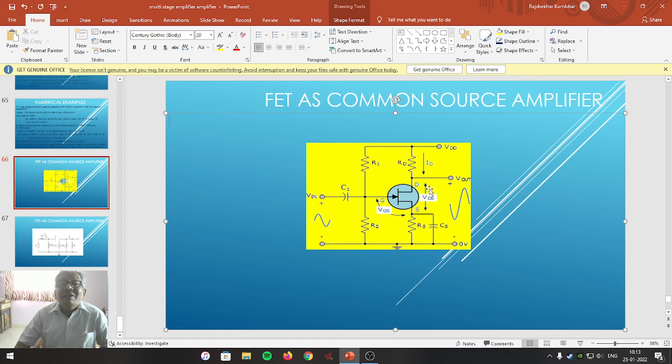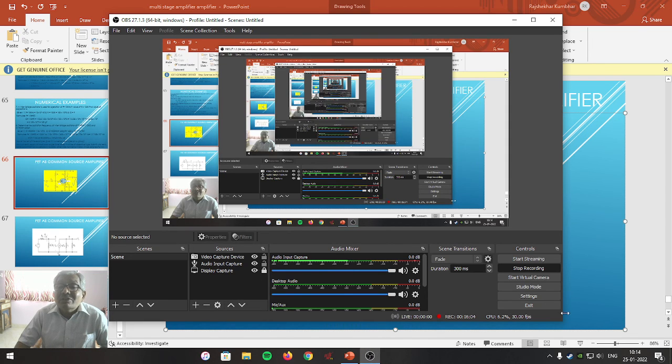Merely by replacing this FET by its small signal model, it is analyzed by reducing the DC source to 0 and short circuiting the capacitors, for AC analysis, so as to calculate almost all the parameters of the FET as a common source amplifier. Friends, that particular analysis we are going to perform in the next period. Today we will stop.